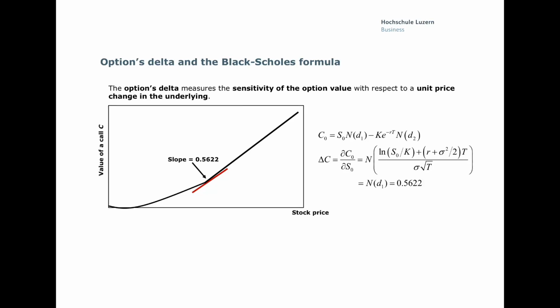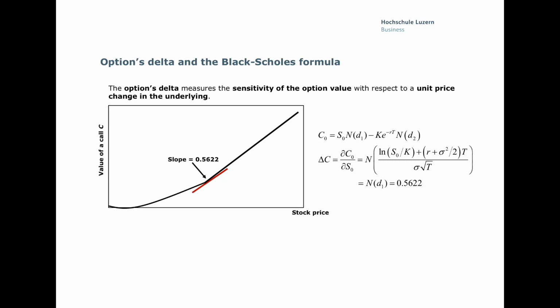You might recall when we introduced the binomial model, we did compute the option delta to figure out how many units of the stock need to be purchased in order to achieve a portfolio payoff that is independent of the state of the world. The economic meaning of the option delta is that it measures the sensitivity of the option value with respect to a unit price change in the underlying.